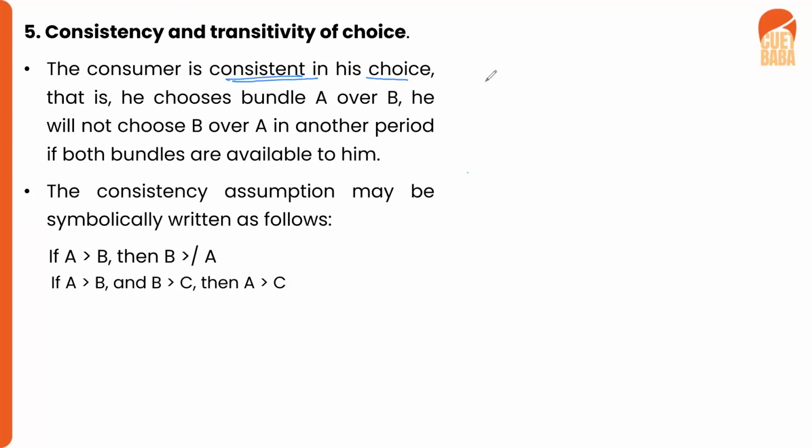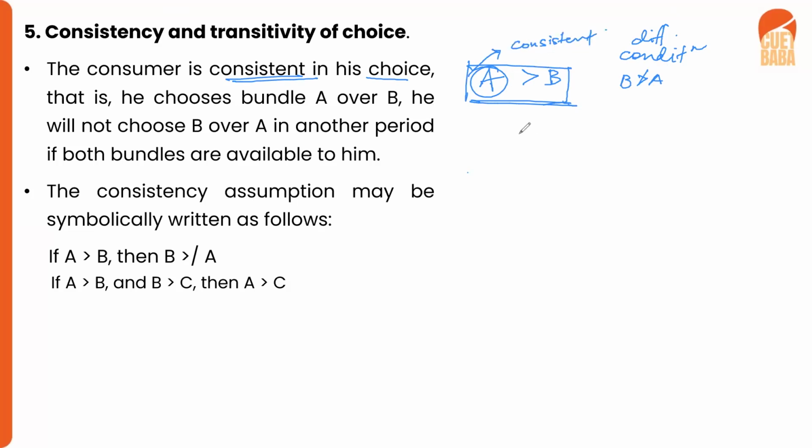So if he chooses bundle A over B, then be it any situation or any condition, in different conditions, he would never choose B over A. He would only give preference to A, and he will remain consistent. So that is the concept of consistency.